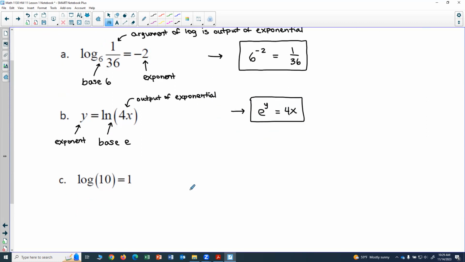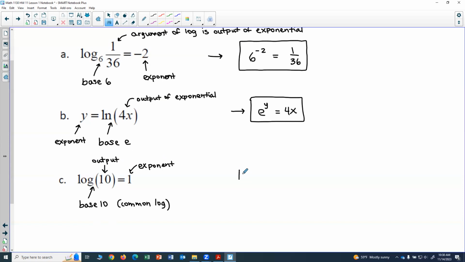Okay, and one more, we have log of 10 equals 1. Remember, when there's no base written on the log, that's an implied base 10. This is the common logarithm, or common log. The output of the log is your exponent, and the input of the log is going to be the output of the exponential.